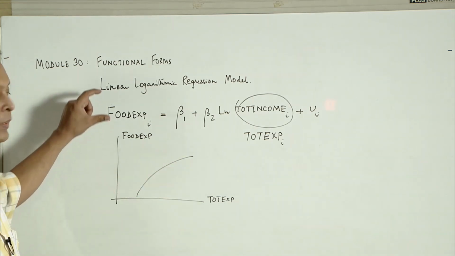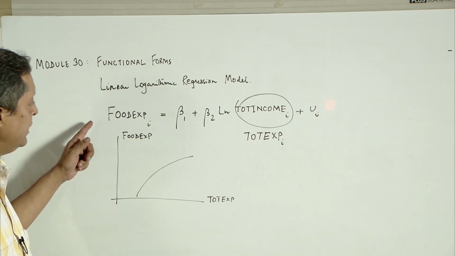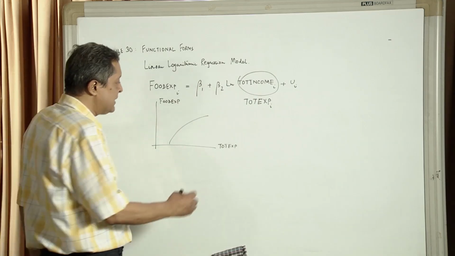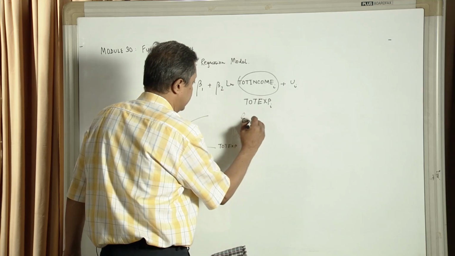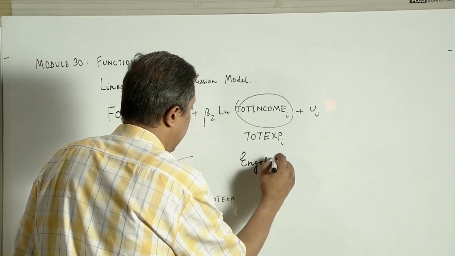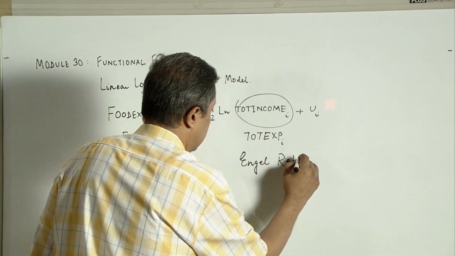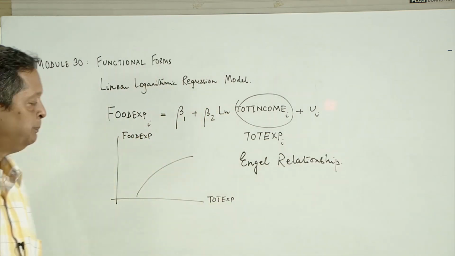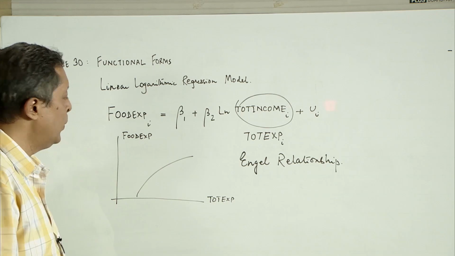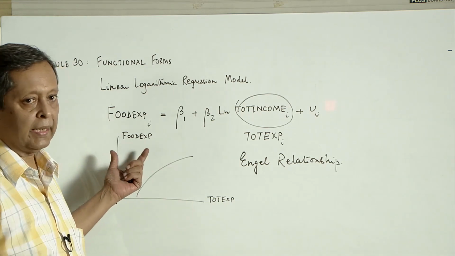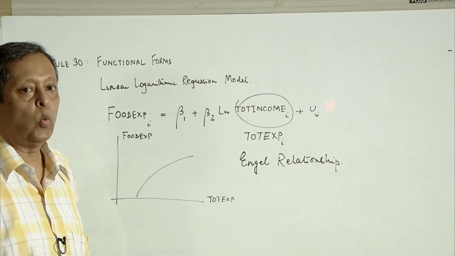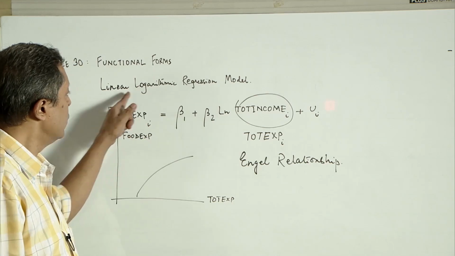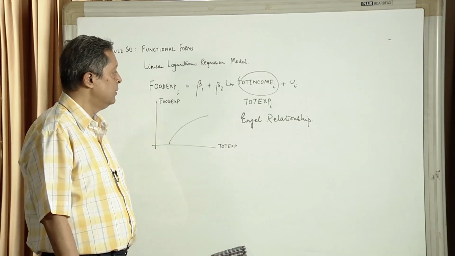However, the beauty of the classical linear regression model is that we can easily capture this with the help of the linear regression format, and this is called an Engel relation. Ernst Engel brought out the relation between income and various categories of expenditure. So, this is another widely used example to explain the concept of linear logarithmic models.